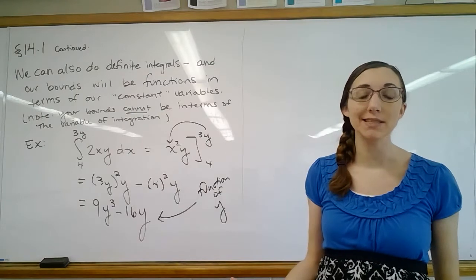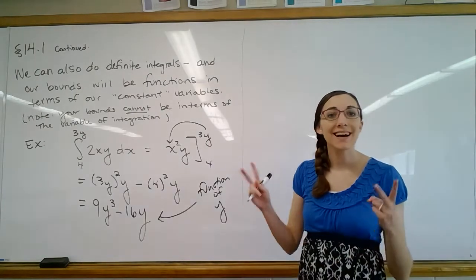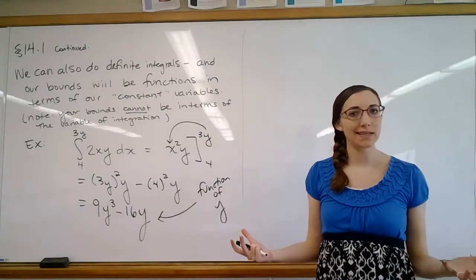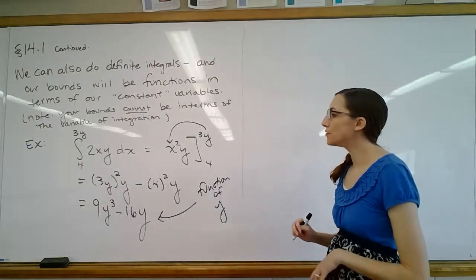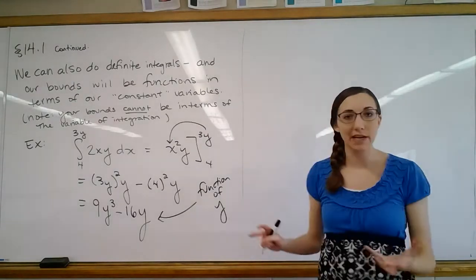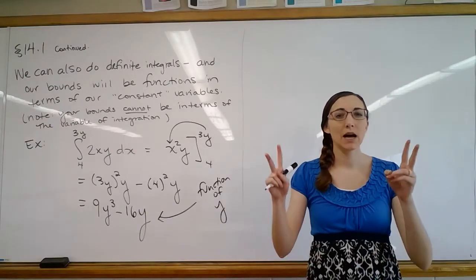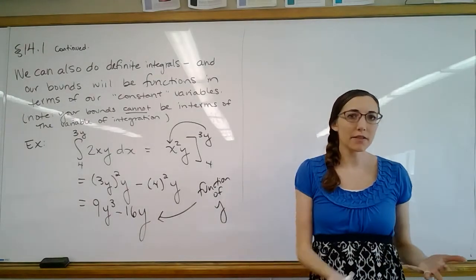So in a sense, we still got something that's considered constant with respect to x. So it still works in that sense of the definite integral giving us something that's constant.